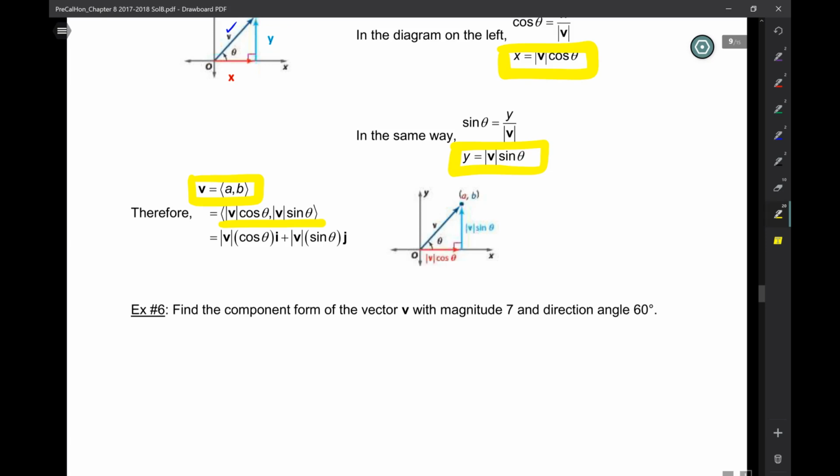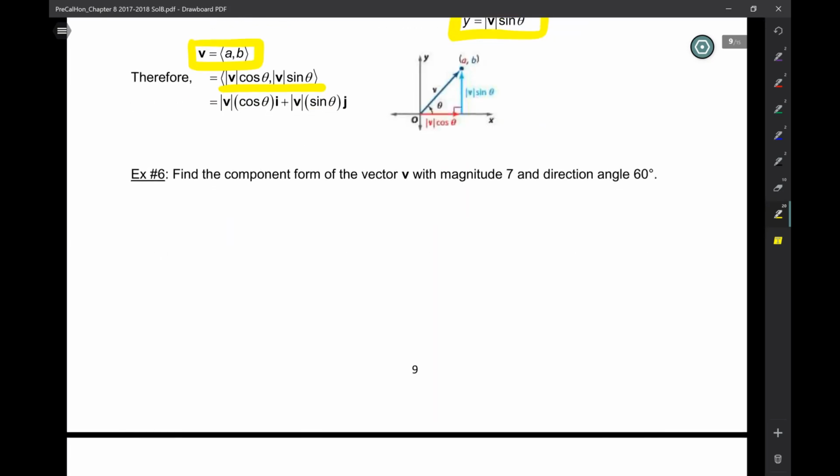The x component is V cosine theta and then V sine theta. So take a look at this one. Find the component form of the vector V with magnitude 7 and angle 60. So V is 7 cosine 60, 7 sine 60.